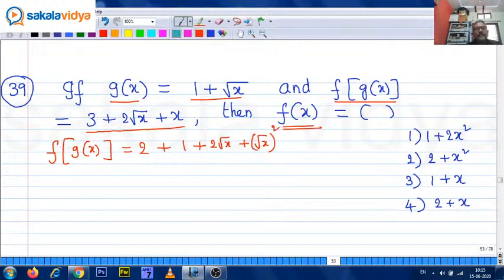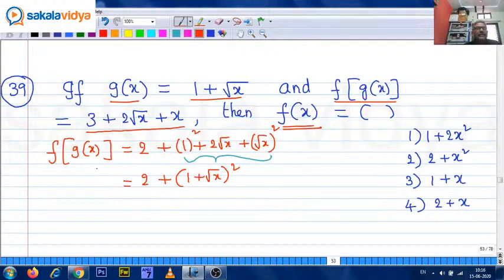If you observe, we can write 1 square. This appears to be a square plus 2ab plus b square, which is nothing but a plus b whole square. So this we can write as 2 plus 1 plus root x whole square.